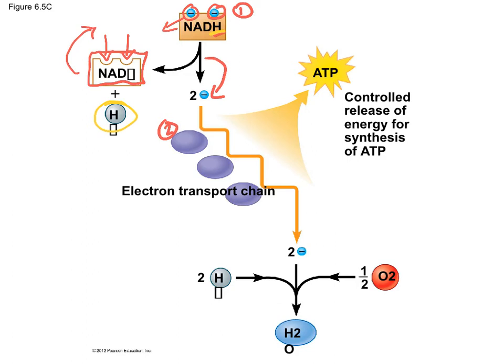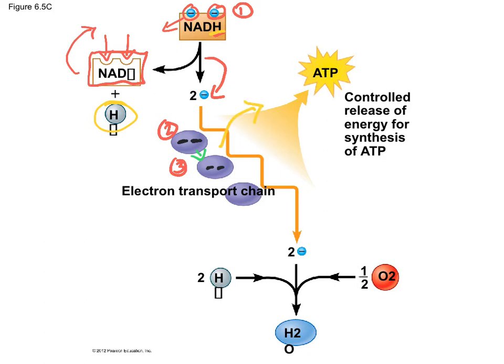So now we've got these electrons. Here I'll draw them in black. You've got this carrier now holding two electrons. That carrier is going to transfer the electrons to the next carrier, number 3 in the chain. When that happens, a little bit of energy is released.